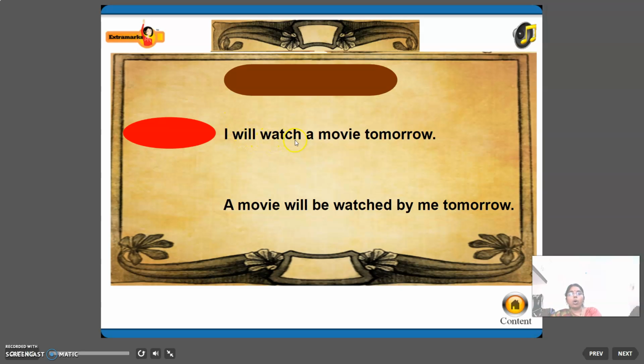Will watch is a future tense. It was changed as will be watched. A movie is the object and that was changed as the subject in passive voice. I will watch a movie tomorrow. A movie will be watched by me tomorrow. That is a passive voice, right?